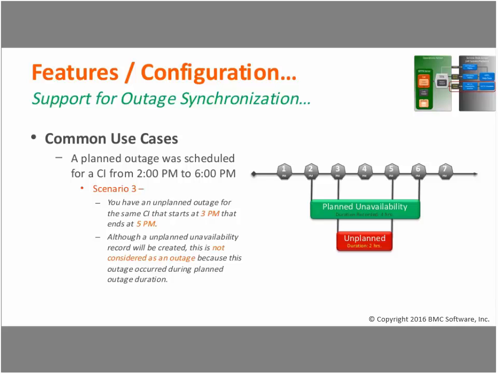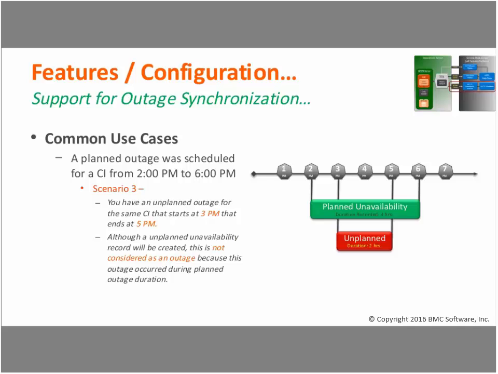And finally is the one that we talked about before. This is the case where, hey, I planned to take it down. And guess what? During that window, I did take the CI down. The event management system says, yeah, I don't care why you did it and when it should have gone down, but it went down. So I record that. And then when it comes back up, I will record when it comes back up.